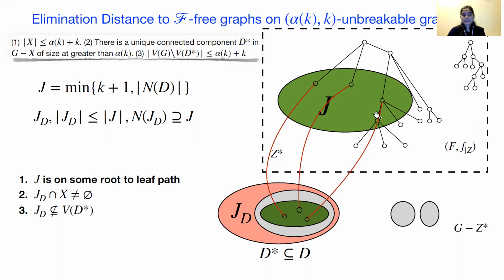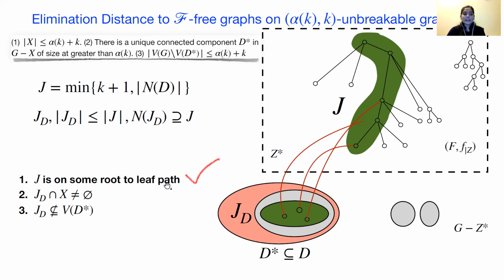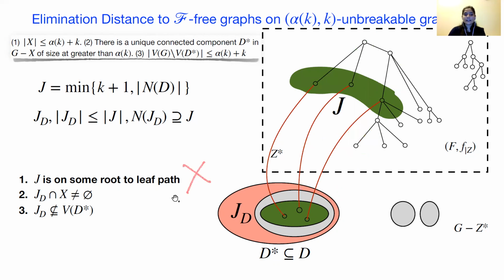So this is not possible. Now, suppose the first case is true, that for every arbitrary set J, it is on some root to leaf path. Then in this case, we are done, because this D was already F-free, and now all the neighbors are again on the root to leaf path. Then in this case, we are happy.